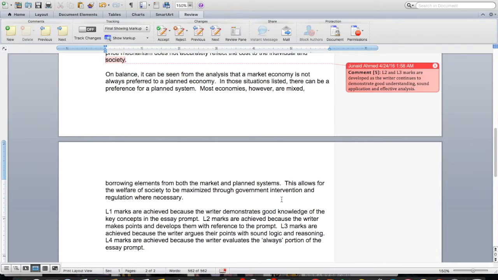So the evaluation leaves something to be desired, but at 12 marks, it is towards the higher end of the mark band.